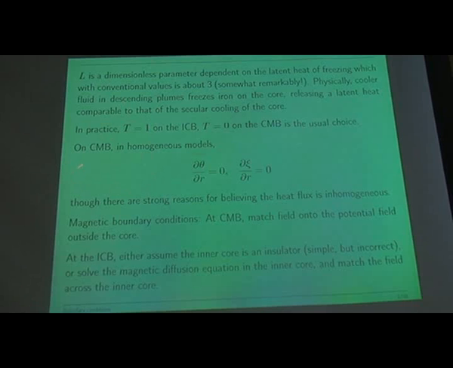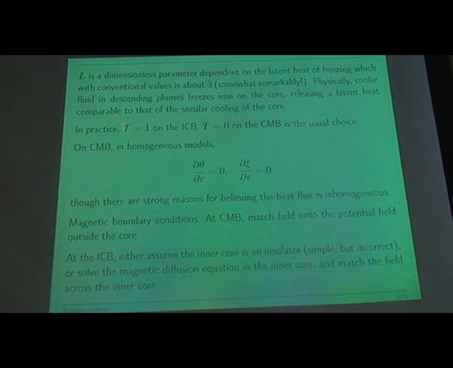And on the core mantle boundary, really a better model than the one we're actually adopting would be to take some kind of fixed heat flux, corresponding to the fact that the mantle convection actually determines what the heat flux that can be taken out of the outer core is. Then it would really be the flux which is fixed.